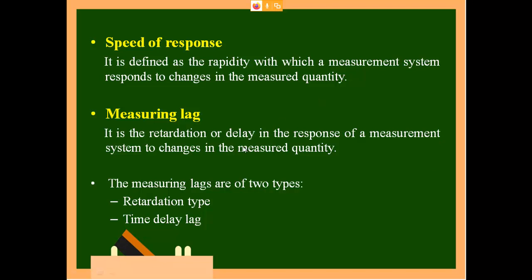So about measurement lag, you are not supposed to write this story, I am just saying this to help you understand. Measuring lag of retardation type happens when you have an instrument which was bought 10 or 12 years back, and that sensing device has worked for so many years, and the springs get loosened up.